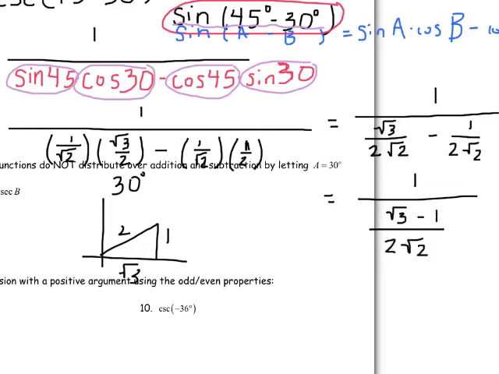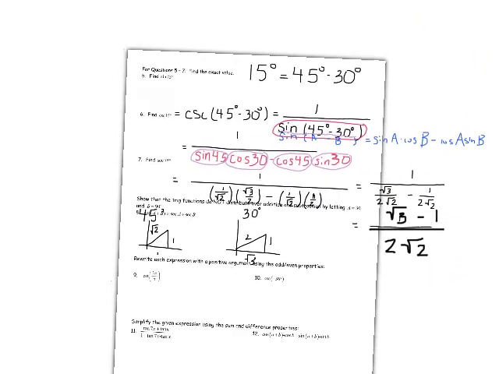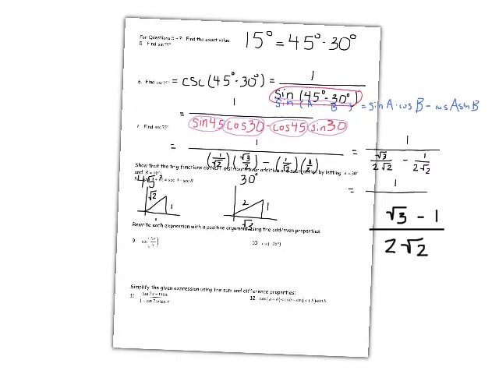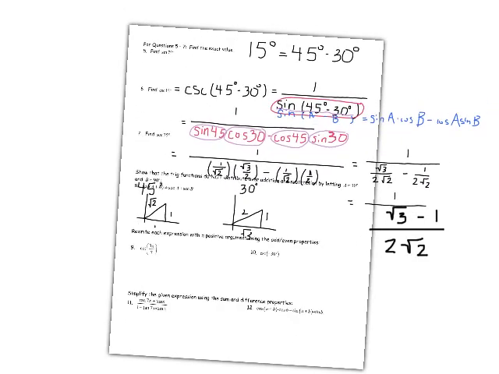So this is what sine of 15 degrees would be. That's why we did 1 over, so we're just going to flip this around in order to get the cosecant answer. That's what 1 over means. So 2 root 2 is on top, root 3 minus 1 is on bottom. So 2 root 2 over root 3 minus 1. That's the answer to number 6.